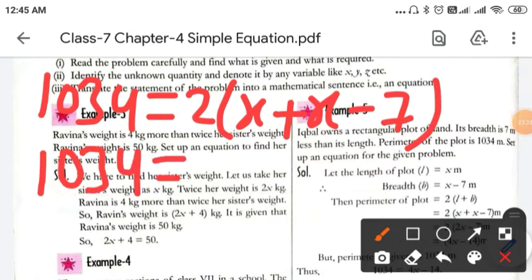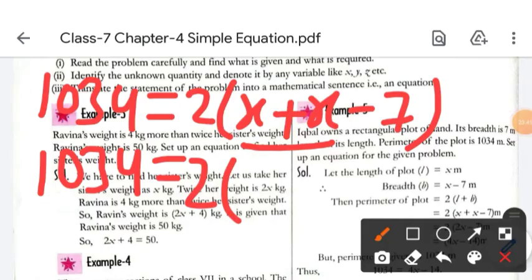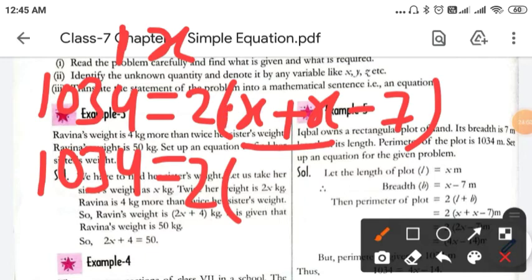We cannot add or subtract any numerical number with a variable, but we can add or subtract a variable with a variable. So here we have a variable x and x. If I am writing only x, that means its coefficient is 1. If there is no coefficient given, then we have to assume that its coefficient is 1. So here the coefficient is 1 and also here the coefficient is 1.